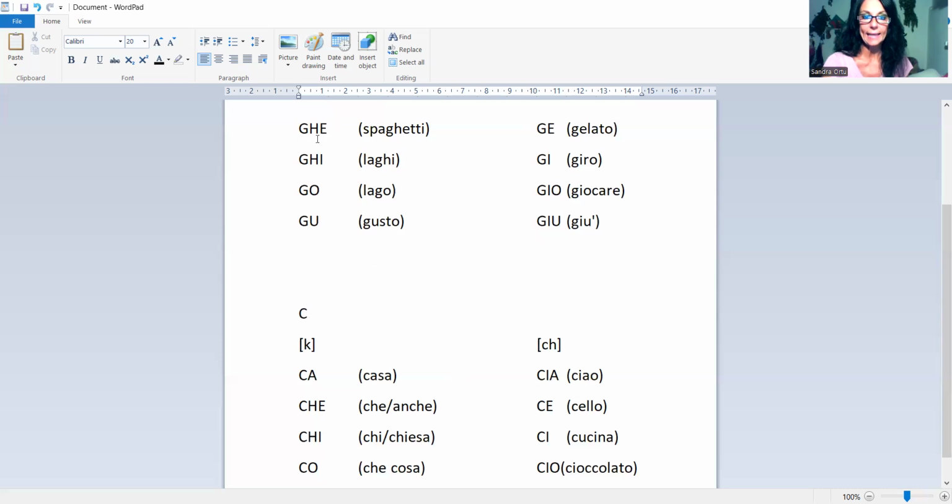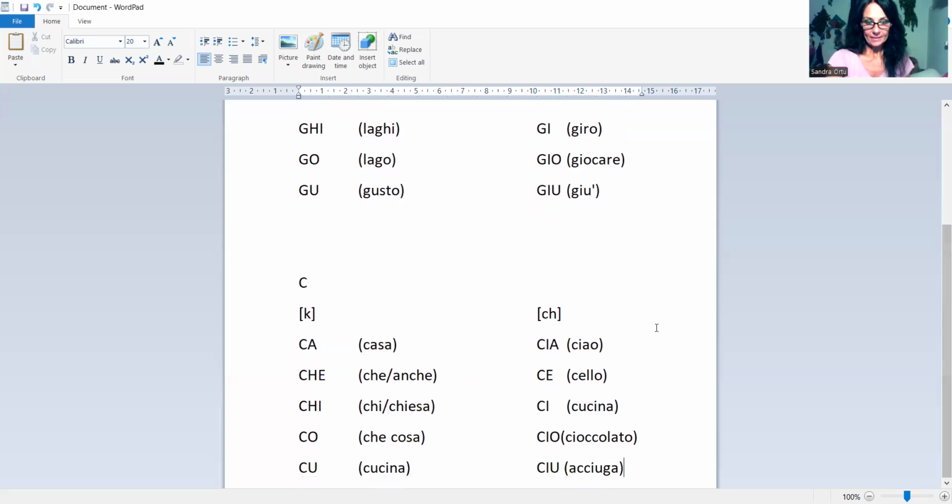Here we have ghe, ghi, and here we have che, chi. So this is the function of the letter H, or acca in Italian. Now let's come to this side. How do we write the sound ch followed by each of the vowels? So here we have cha, che, chi, cho, and chu.